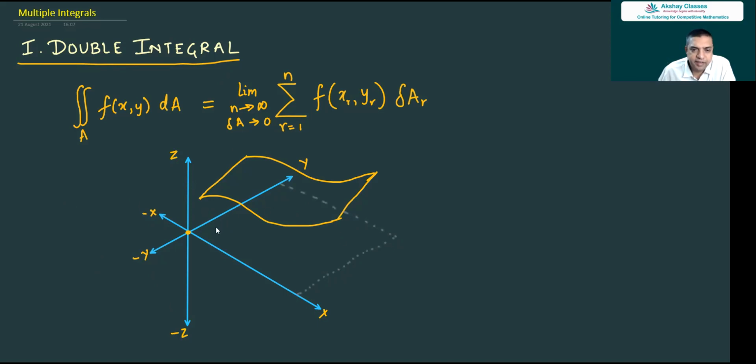Now when we want to integrate the double integral, this is the integral of delta area. So suppose we divide this area of integration, let's say this is the area of integration, and we divide this into a number of small infinitesimal parts.